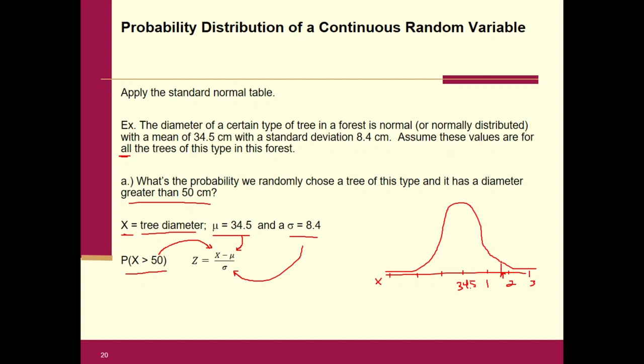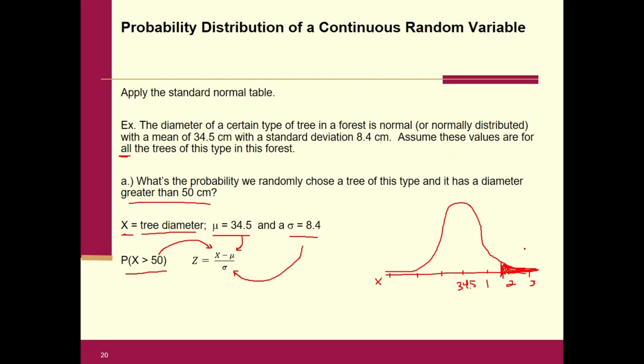So graphically, we want greater than that, so we would fill in this area right here. Does that look like a big area that we're filling in? It doesn't look like it to me.